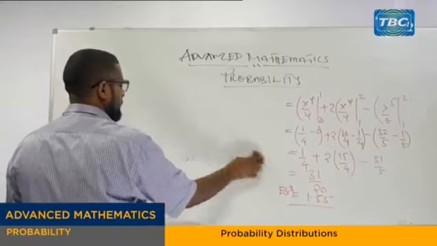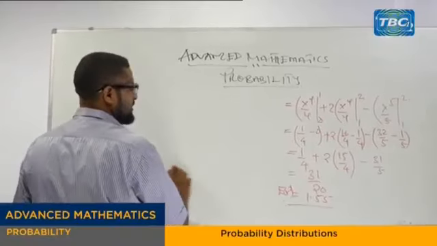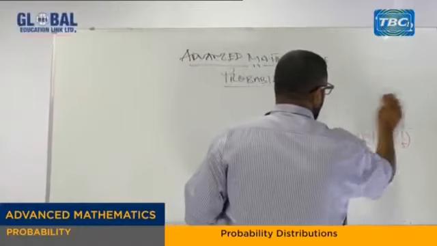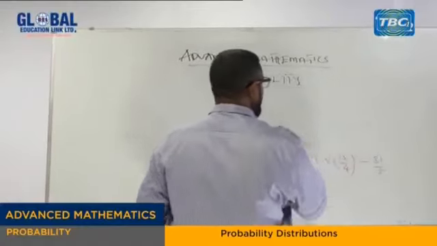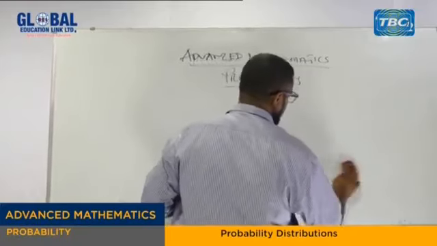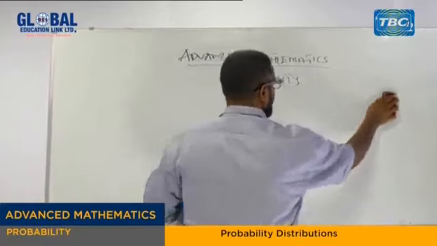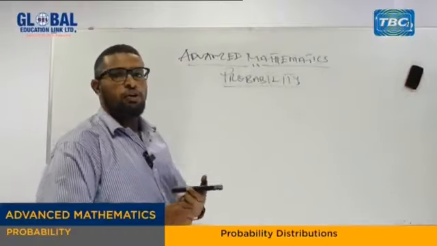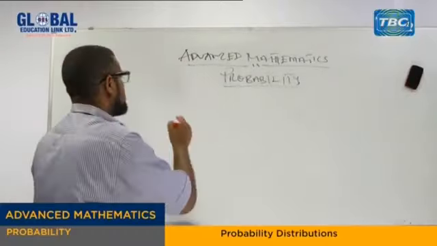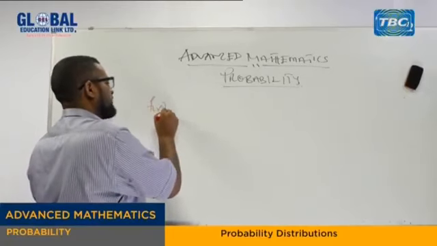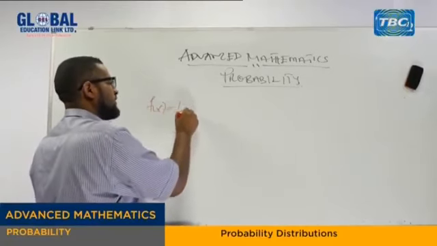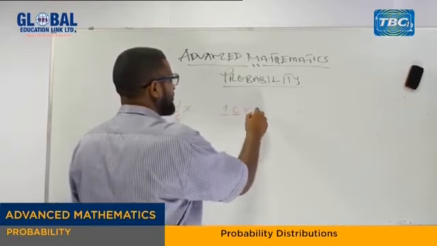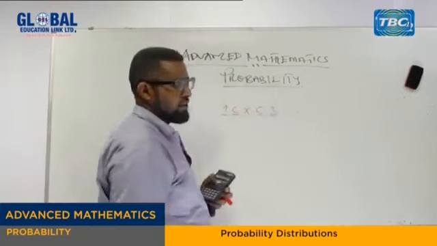is just to recall the formula for finding standard deviation, variance, expectation, and then look at the needs of the formula. Now for such a function, we are given only one function, which is f of x equal to 1 over 8 x, with the limit 1 less than or equal to x less than or equal to 3.